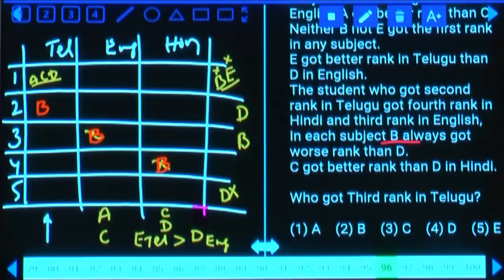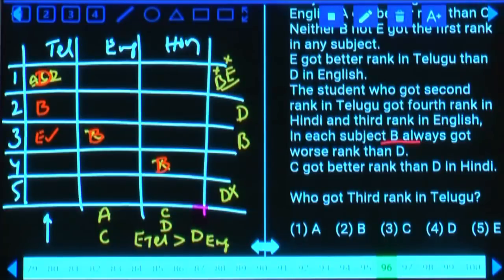B always got worse rank than whom? D. Hence in Telugu, D must be the first ranker. If D is the first ranker and B is the second ranker, what could be the rank of E in Telugu? The minimum possibility is 3rd rank. E must be here at minimum: 3rd, 4th or 5th.